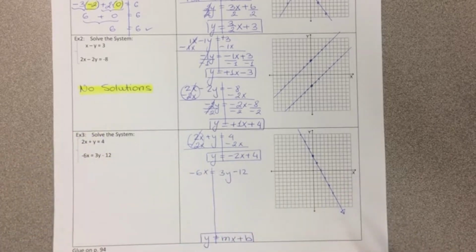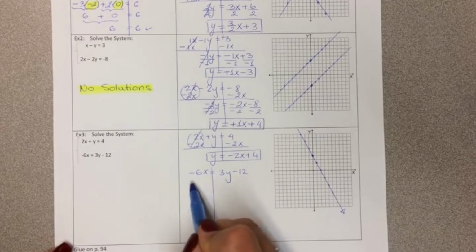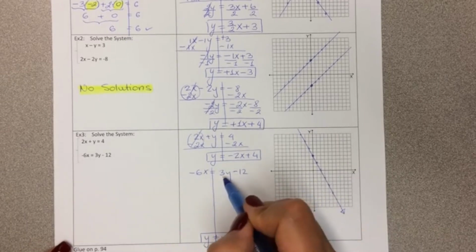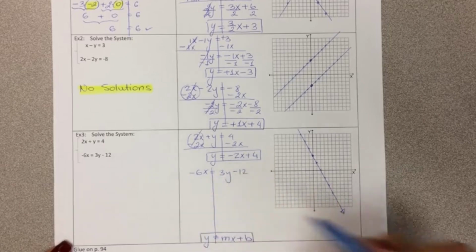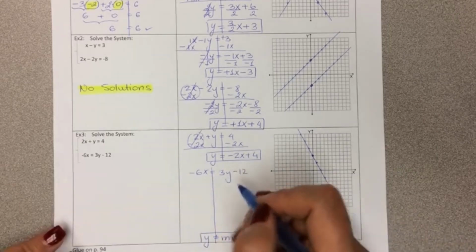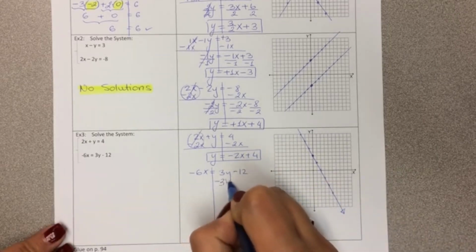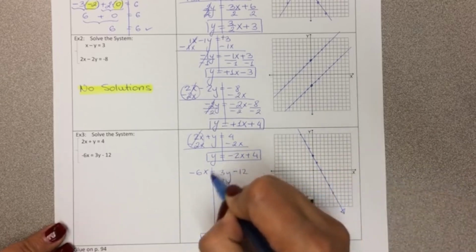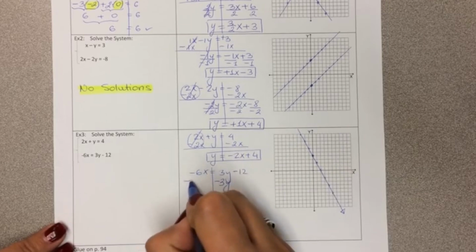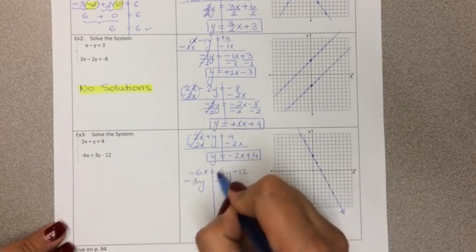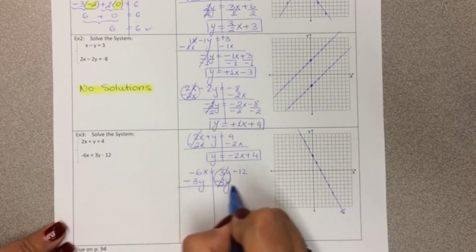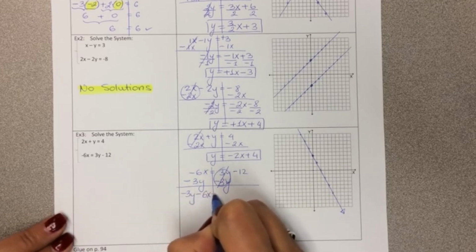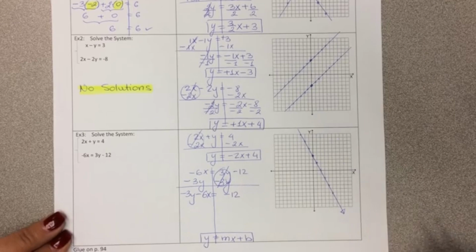So that means that I have to use the inverse operation. You can start by adding 6x to both sides, or you can start with subtracting the 3y to bring it where it belongs. So negative 3y, I'm going to take it from the right side and then do the same on the other side to bring it over where it belongs. Negative 3y minus 6x equals negative 12.